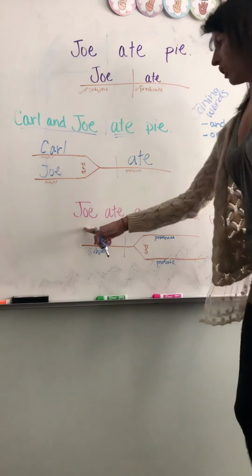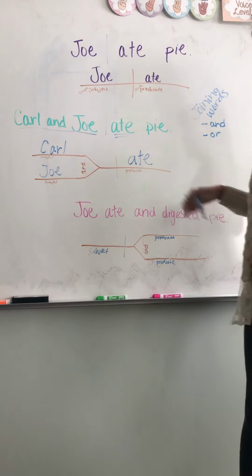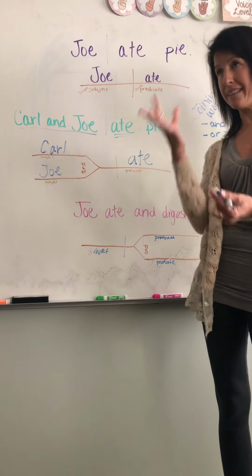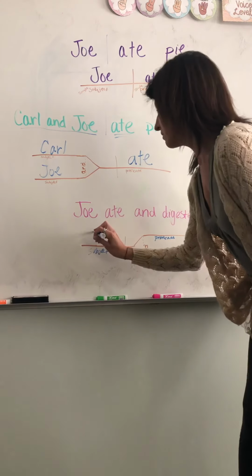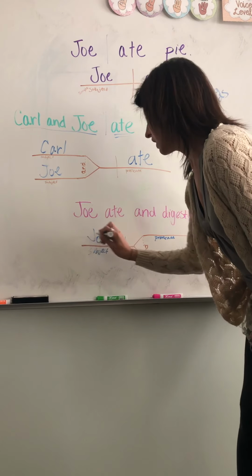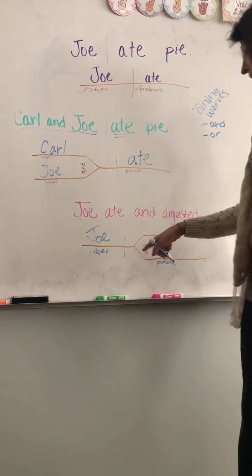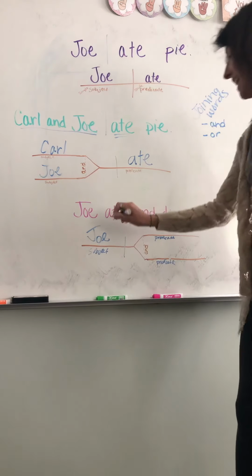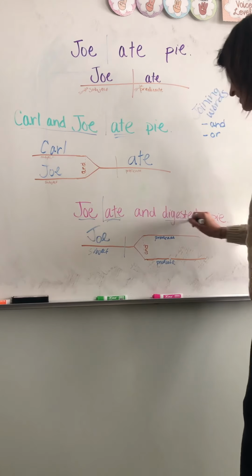Okay, Joe ate and digested pie. So now he's doing two actions to this pie. He's eating it and he's digesting it, okay? So he's still just himself. Now we're not talking about Carl. So simple subject. And he ate, so my line would go there, Joe, and then he ate and digested.